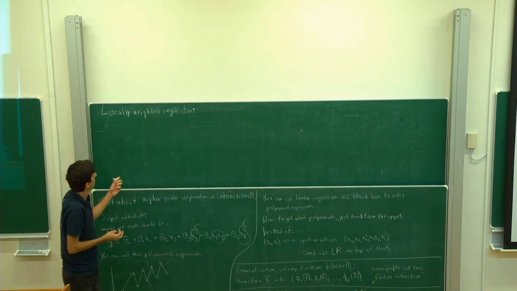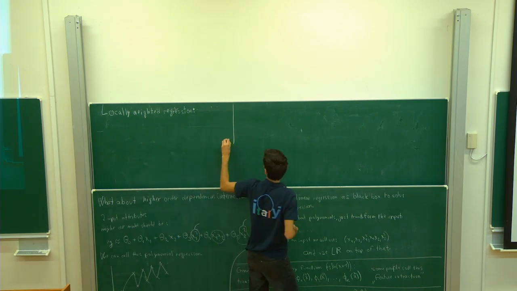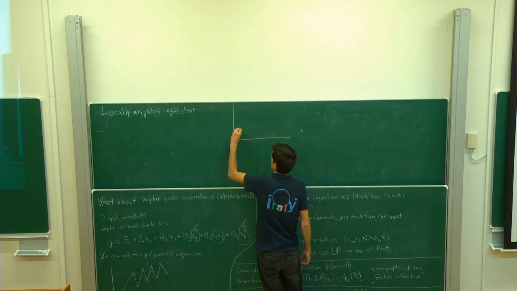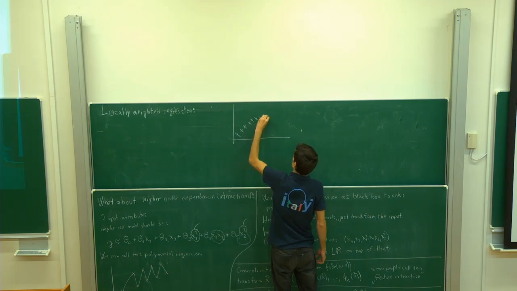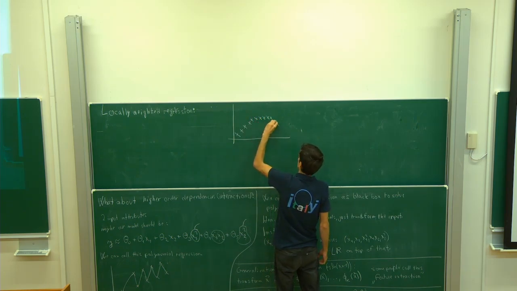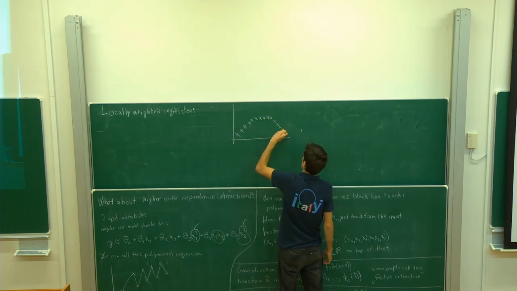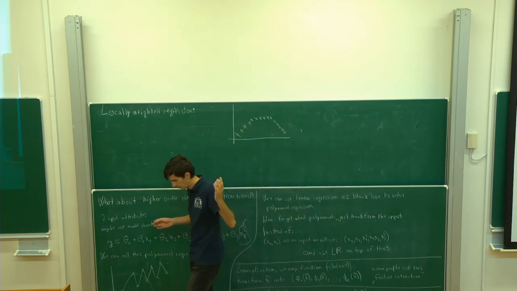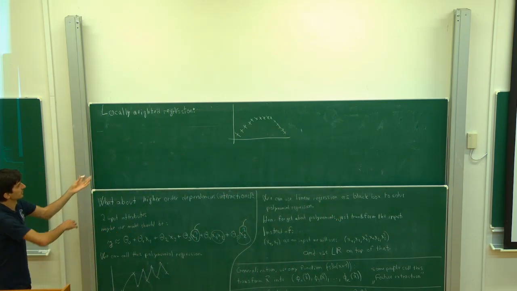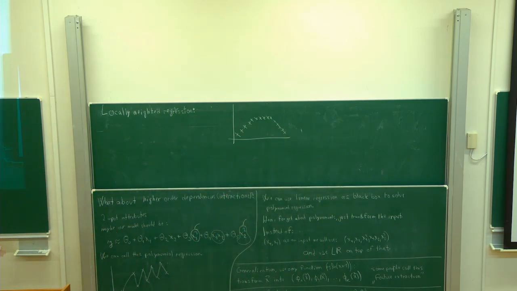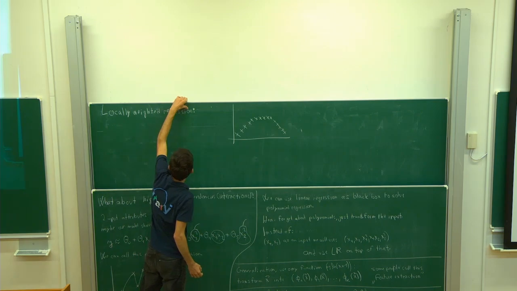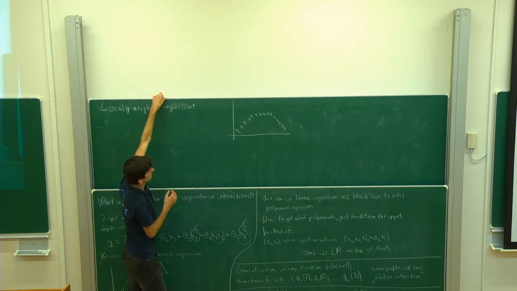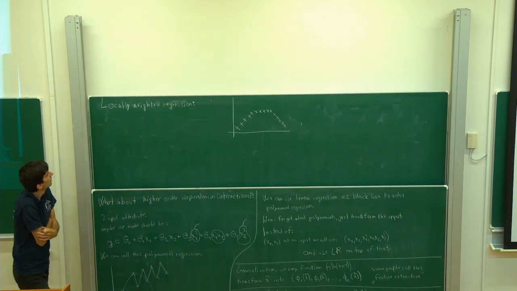The idea is like this. For example, suppose that your data isn't linear. Maybe it's like this, or maybe it goes down. So there is no chance that you can use a linear regression in this scenario. Maybe you can use polynomial regression, but this is sort of the other way. The idea is that we will use something which we will call the weighted regression.